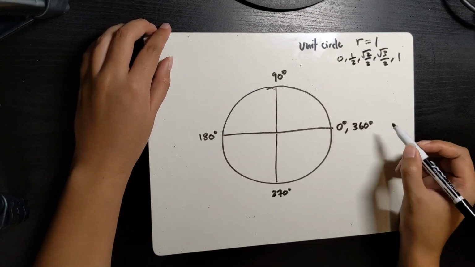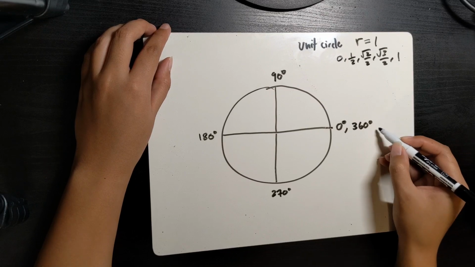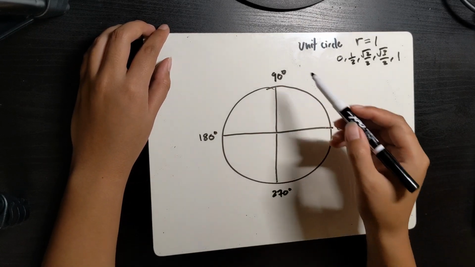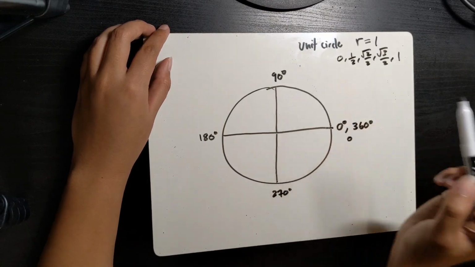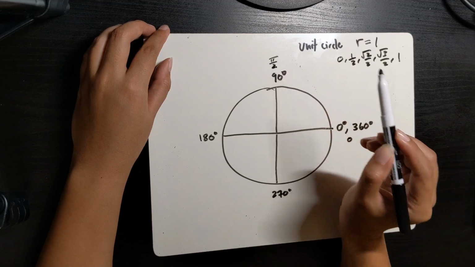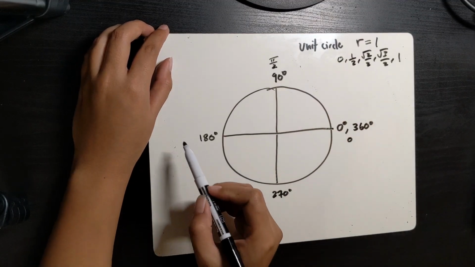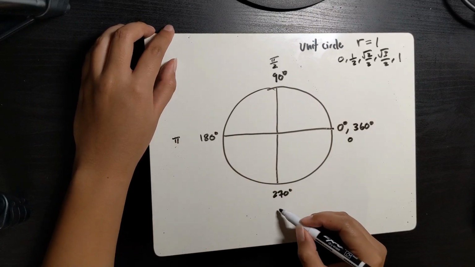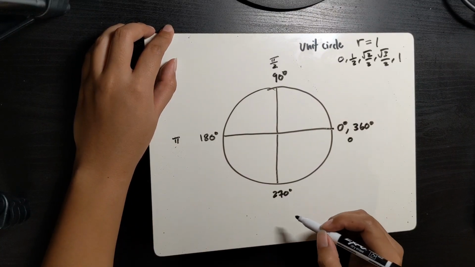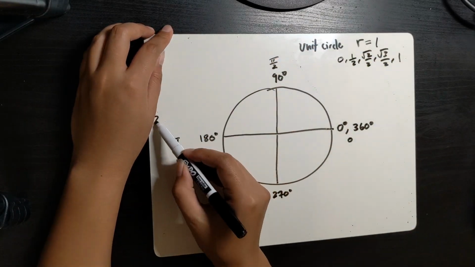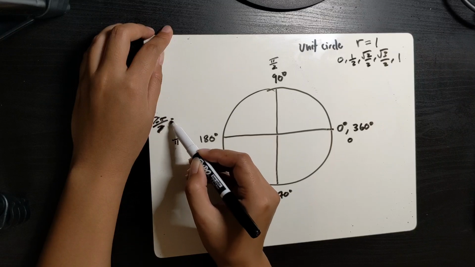We also know that at 0, this is 0, right? In radians. And at the 90 degree, we know it's pi over 2 in units of radians, and here is pi, since that's 1 pi over 2, that's 2 pi over 2, which equals pi.